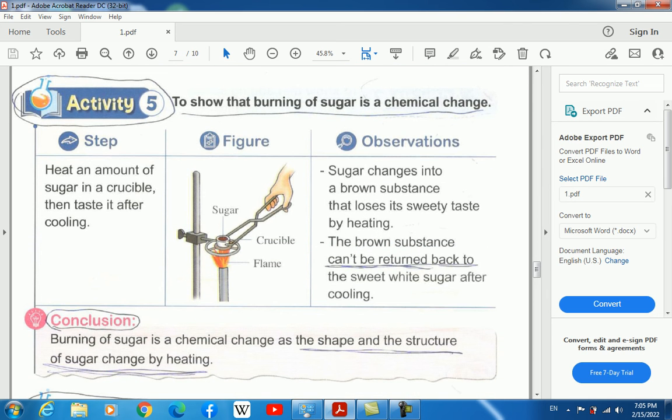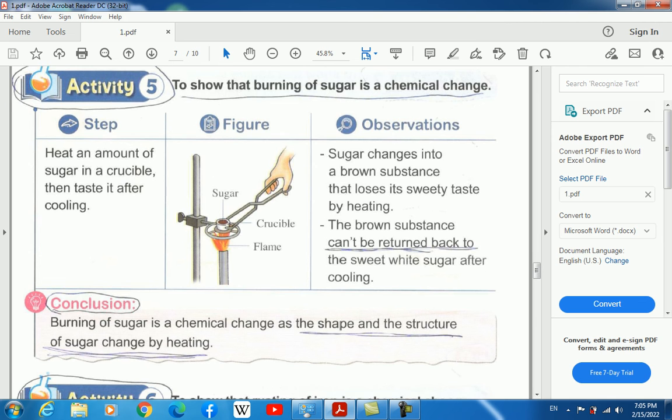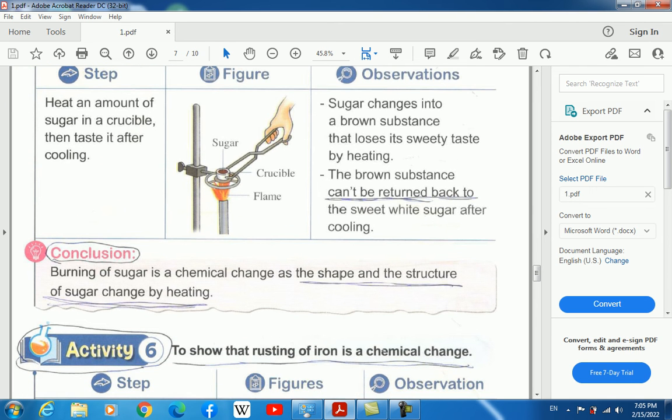Now to the 5th activity in the lesson, which shows that burning of sugar is a chemical change. Simply, we heat an amount of sugar in a crucible, then taste it after cooling, like shown in the figure. What will happen? The sugar changes into a brown substance that loses its sweet taste by heating. And what else?